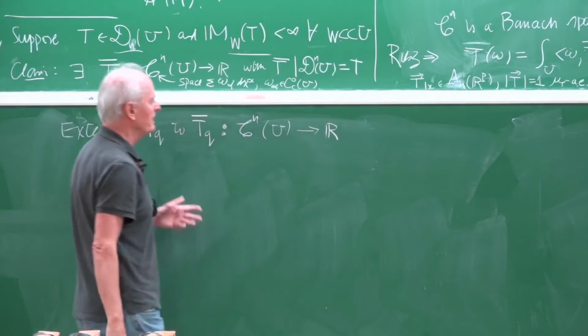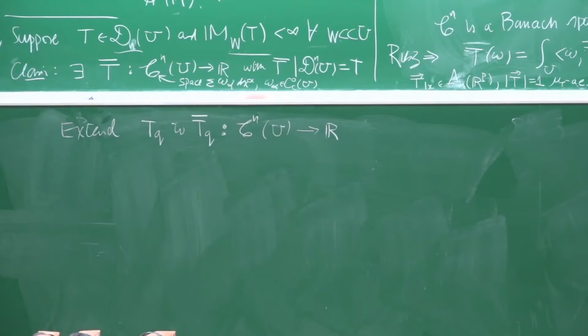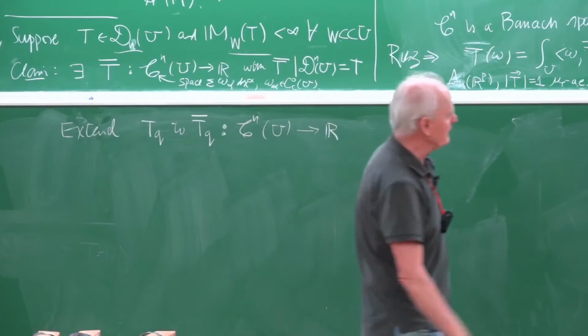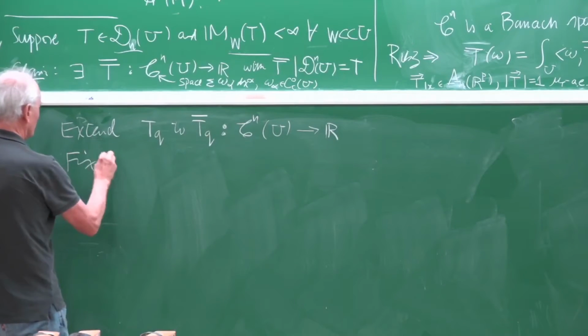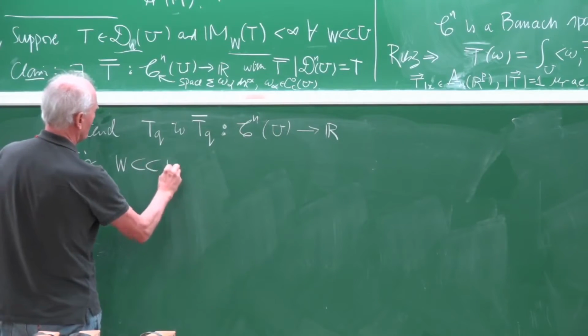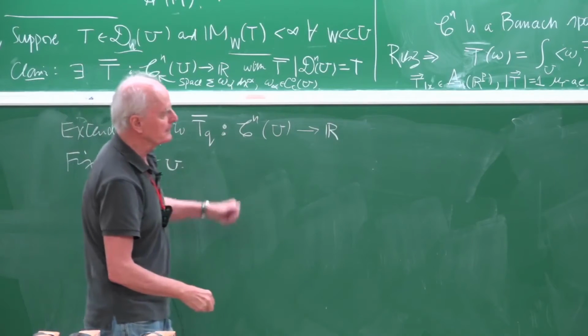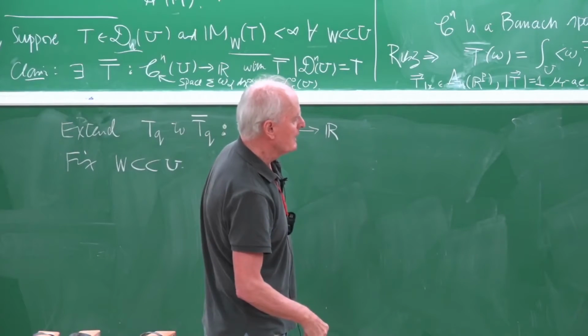So we do that exactly the same as we did here, just extend in exactly the same way. And then we take again a fixed W, and restrict everything to that set W.